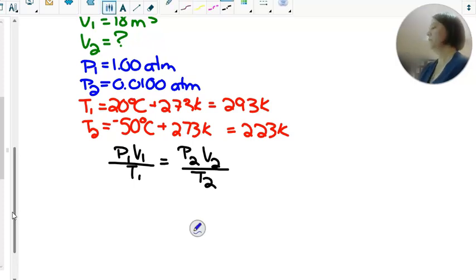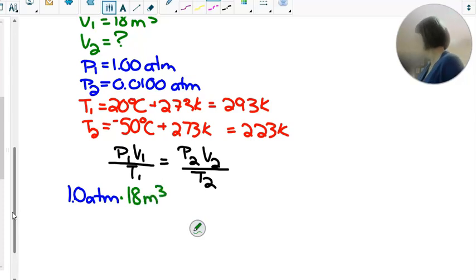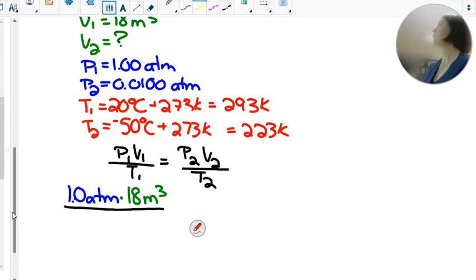Pressure 1 is 1.0 atm times 18 cubic meters over our T1, which is 293 Kelvin.